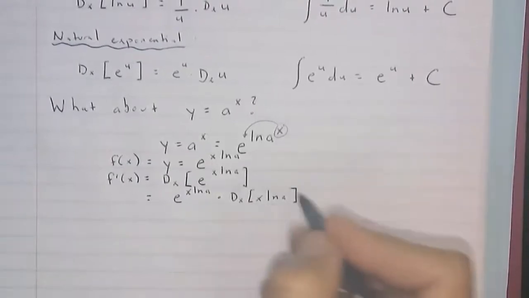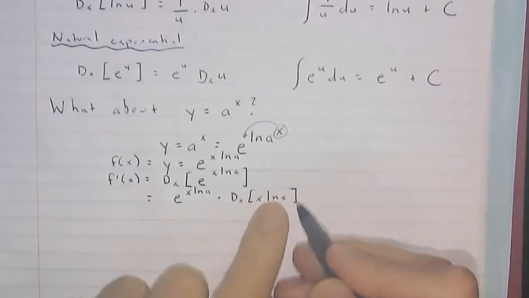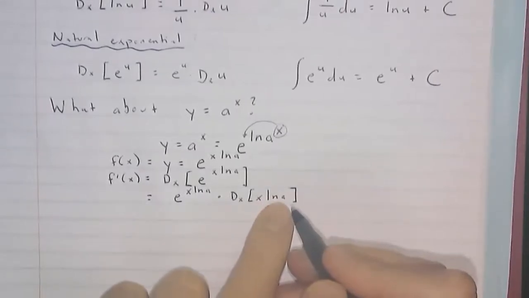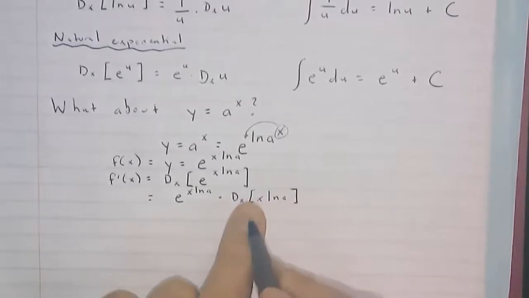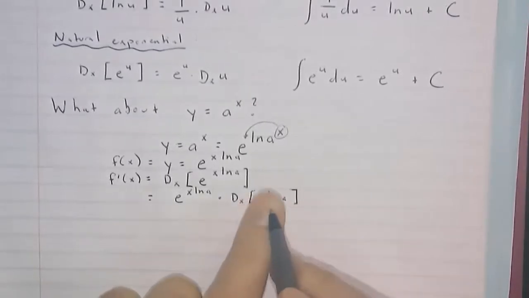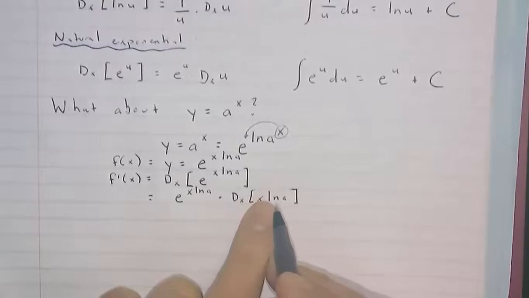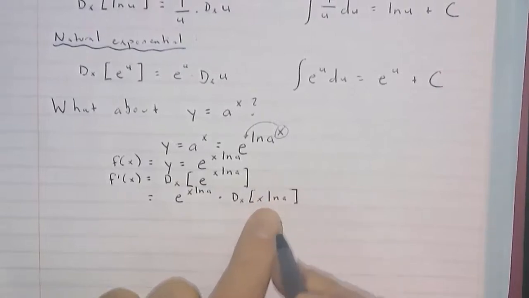So I know this looks like some changing variable thing, but ln of a is a number. And if we're differentiating a number times x with respect to x, what is the derivative of that? What's the derivative of 5x? What's the derivative of 17x? So what's the derivative of ln of a times x?